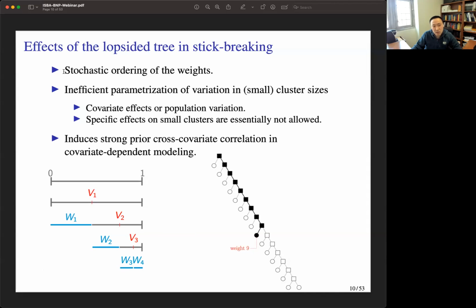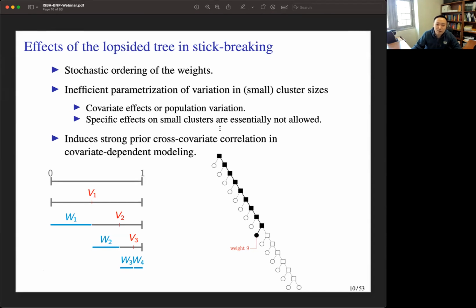Now, one well-known consequence is that it's going to introduce stochastic ordering of the weights, which is a direct consequence of this tree topology. And also, because the stick-breaking process is so useful for covariate modeling, one natural question is, what's the implication for covariate models? So if we think about the stick-breaking process, if, for example, this node 9 corresponds to a fairly small cluster in your data, then in order to characterize the covariate effect on this cluster 9, the covariate will influence weight 9 through all the string of upstream splits.